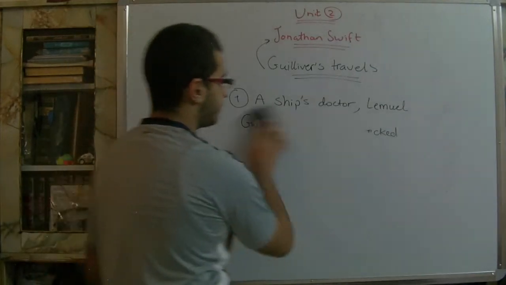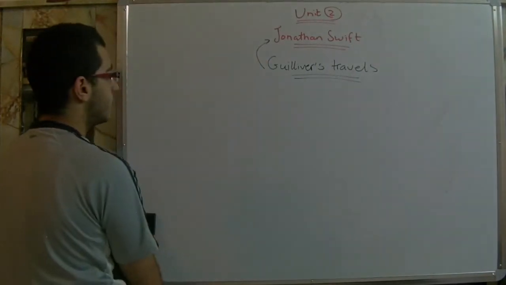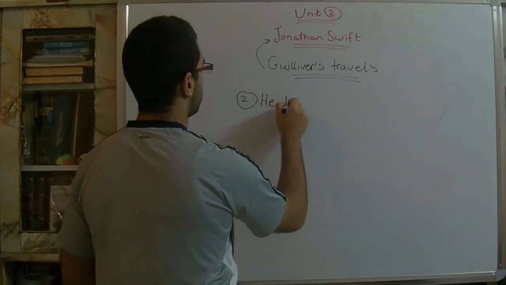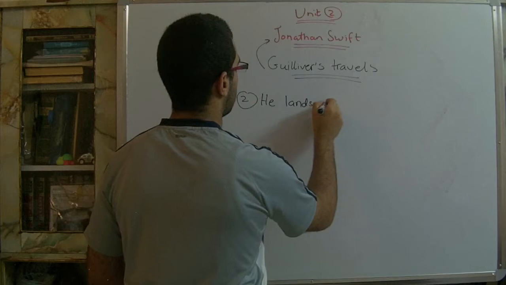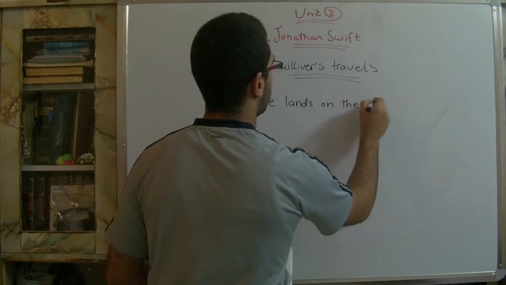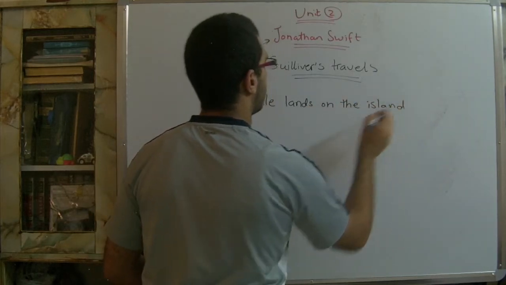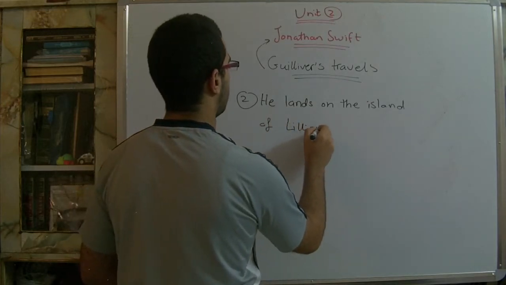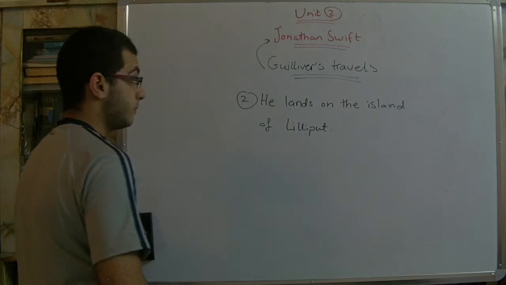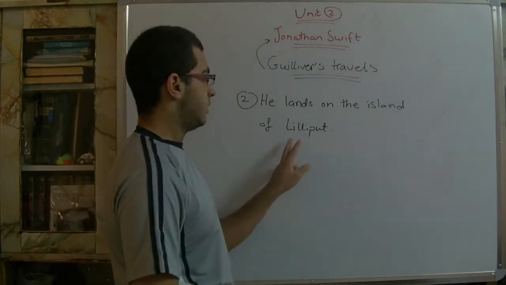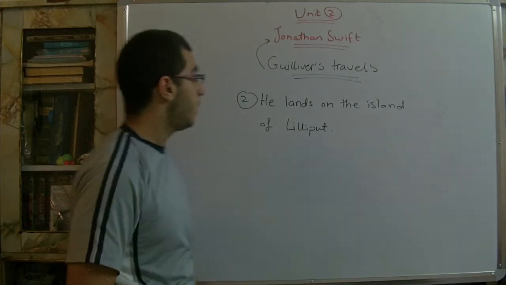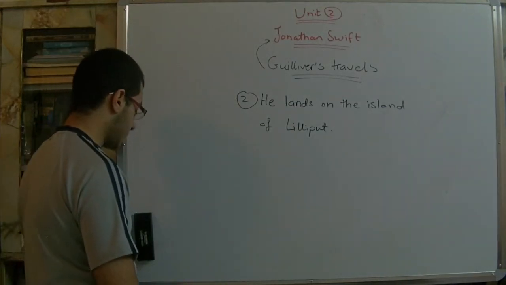and then he lands on the island of Lilliput. So this was an island where he landed, but the people of Lilliput were very small.